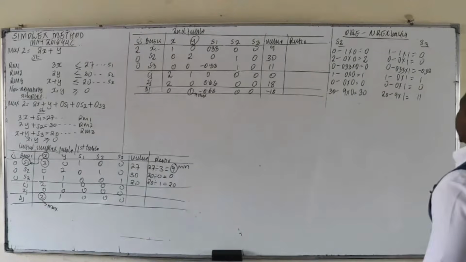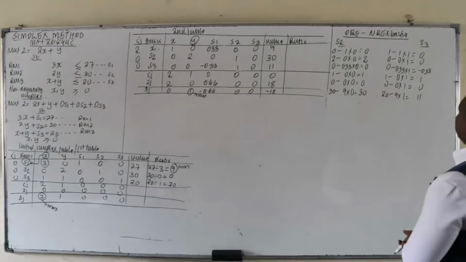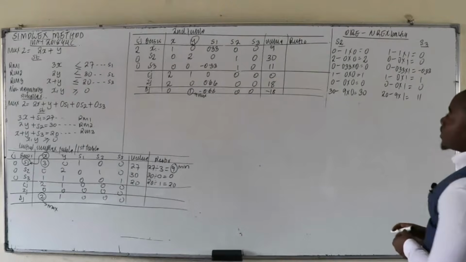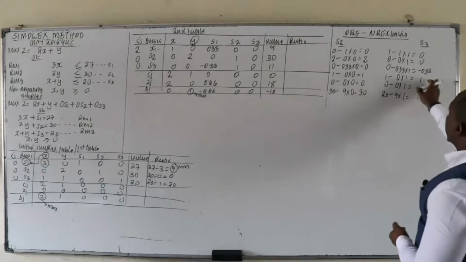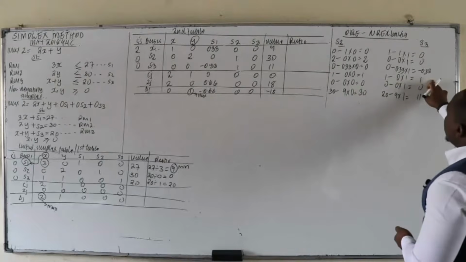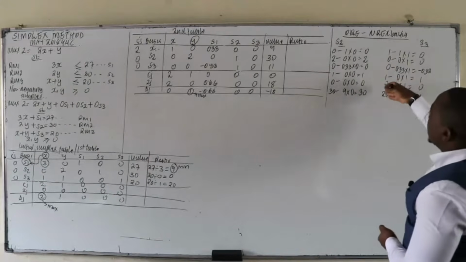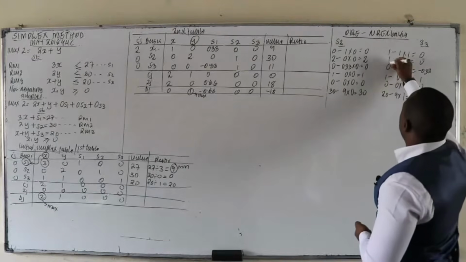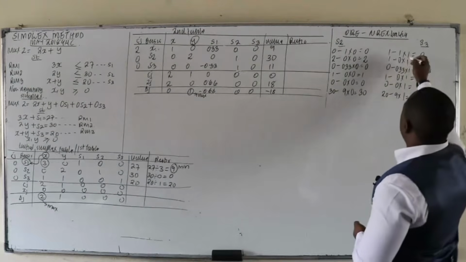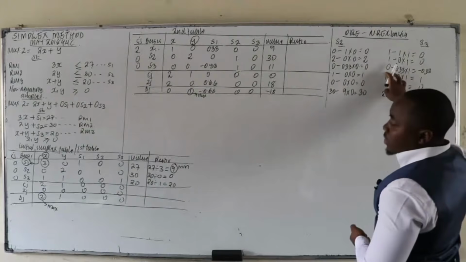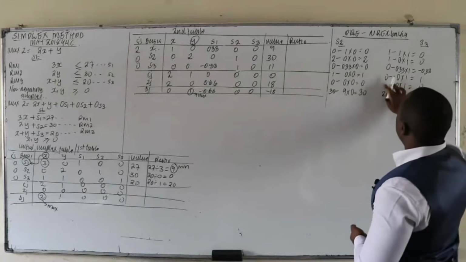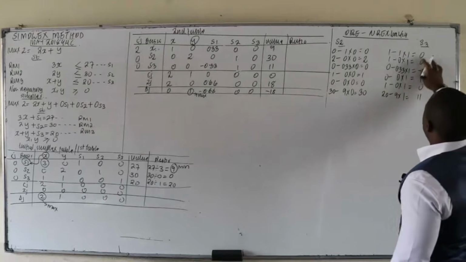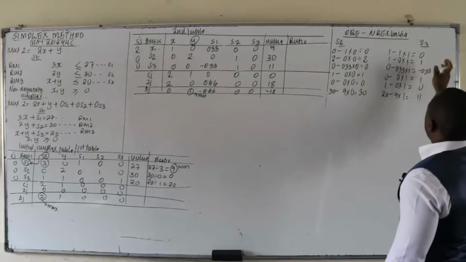Where is the mistake? Sorry? Which one? This one? The original one? It was 1, 1. Oh, this was 1. Then all zeros, this was 1. So this one will be 1. That's okay.